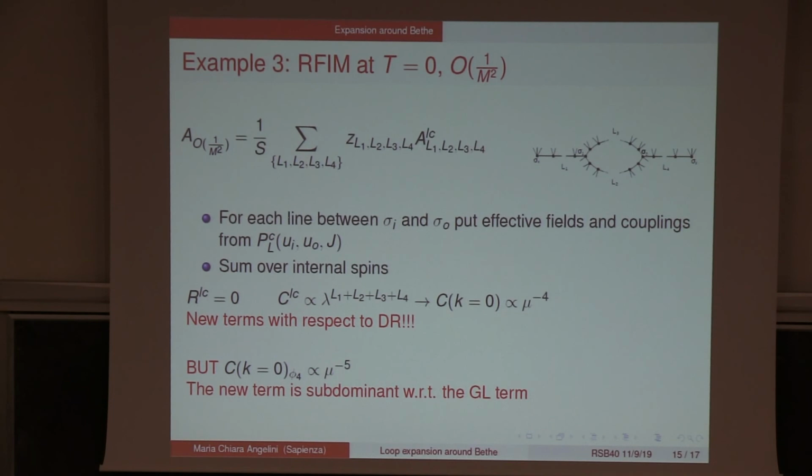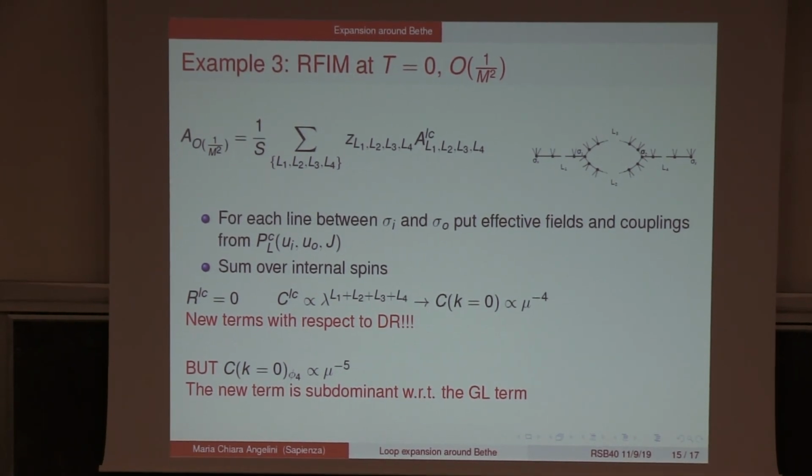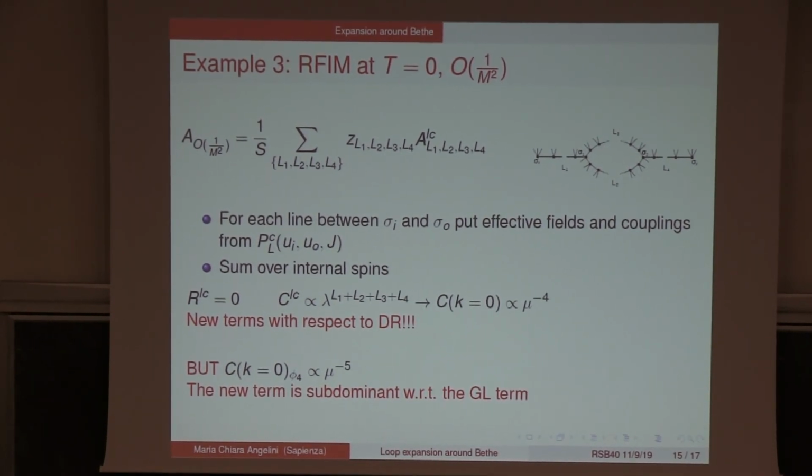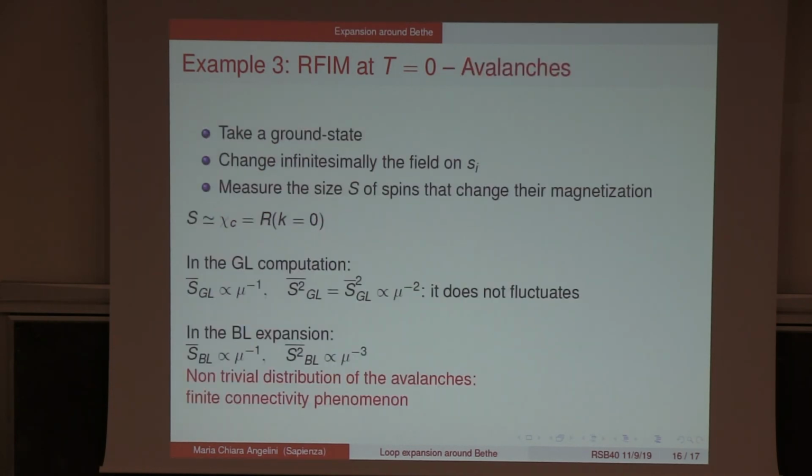Oh, okay, so this means that dimensional reduction should be valid at order d minus 6 minus epsilon at least. But then the next terms could be relevant. So at a certain point, these cubic vertices could become important. But then on the avalanches, if we insert cubic vertices in the computation of the avalanches, we can see that they are really important.